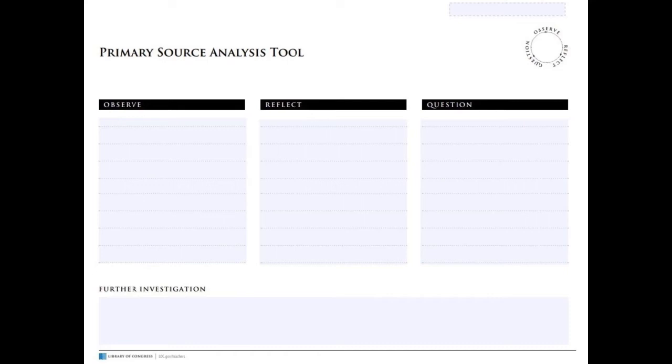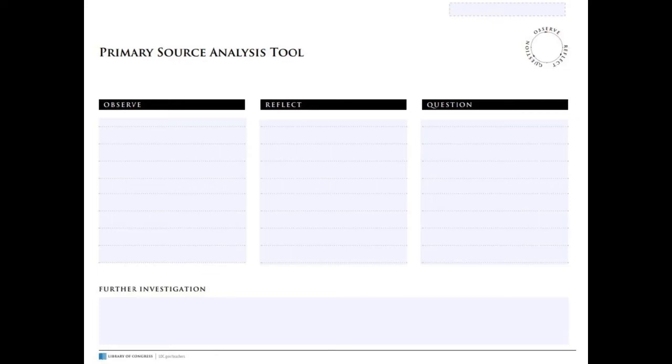And when we go through the primary source analysis, we really want to encourage the students to ground their thoughts in feelings using evidence from their observations, so that they're connecting what they see or read or hear to what maybe they know, or what those details make them think or feel.